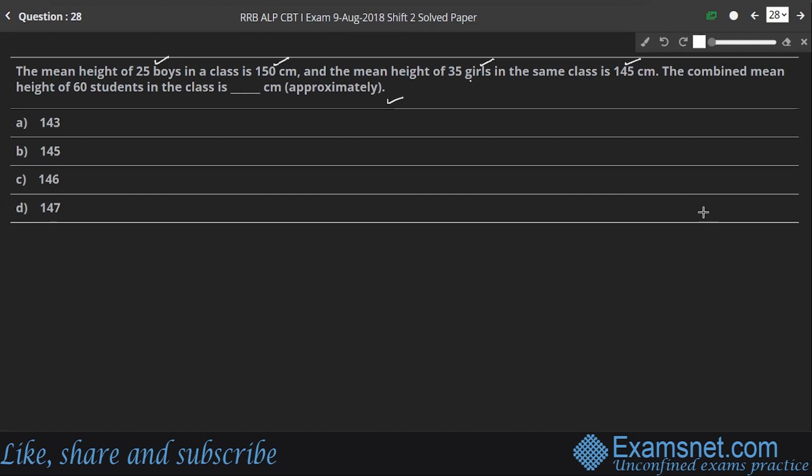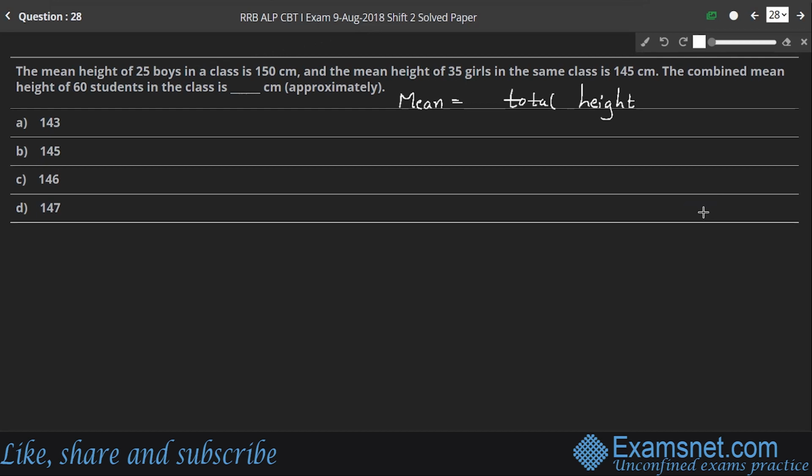So here we are using the concept of mean or average. So mean is equal to the total height of the class, or if it is the mean height of boys, it becomes the total height of boys. If it is the mean height of girls, it becomes the total height of girls.